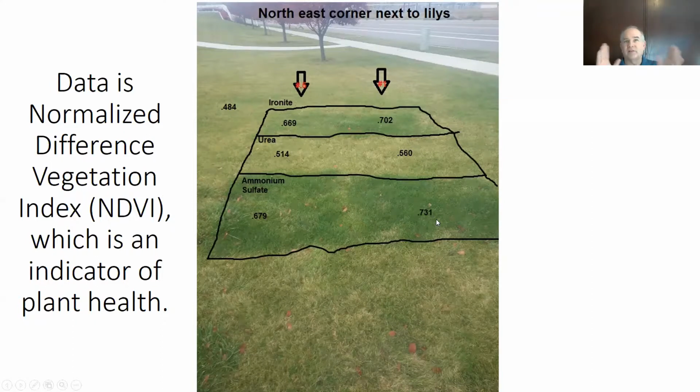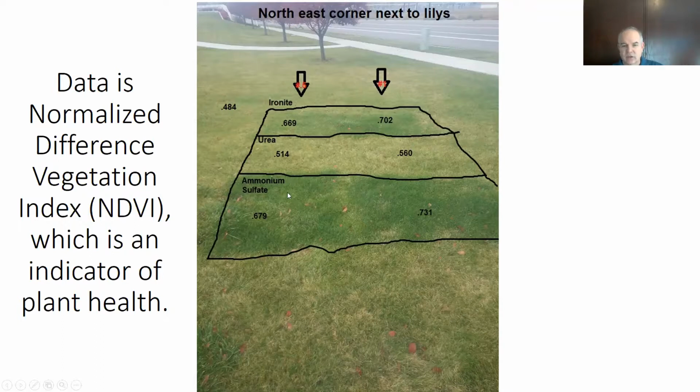The range for NDVI, by the way, goes from 0 to 1, 1 being kind of perfect, which we never hit, and 0 means dead, bare soil. But you'll see, 0.731 is actually pretty good, nice and green. And then compare that to out here in the control, it is 0.484. Those are terrible numbers, really low.